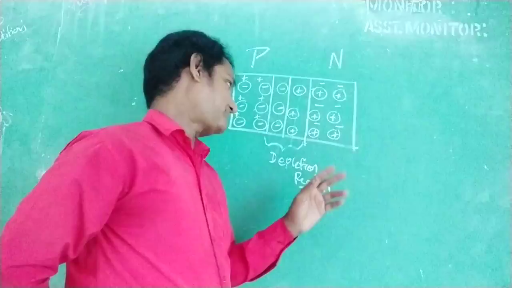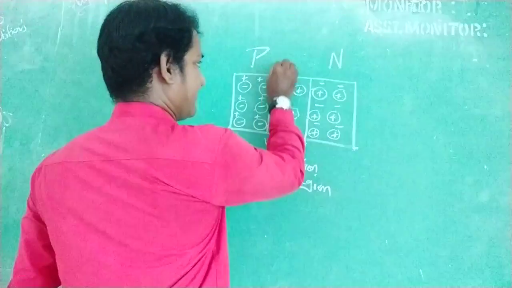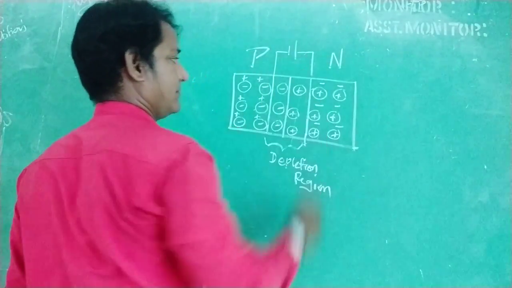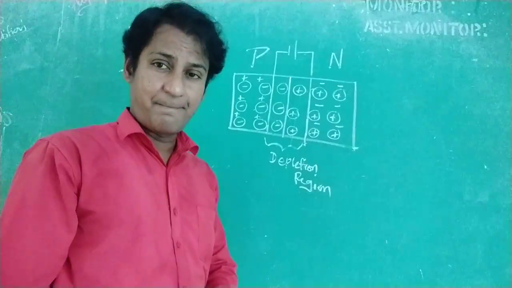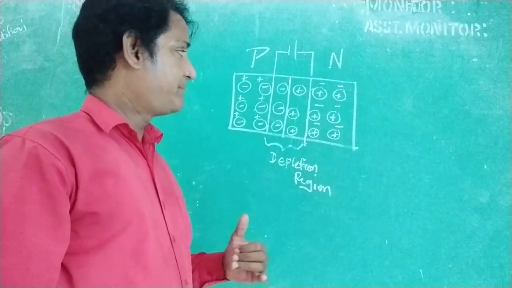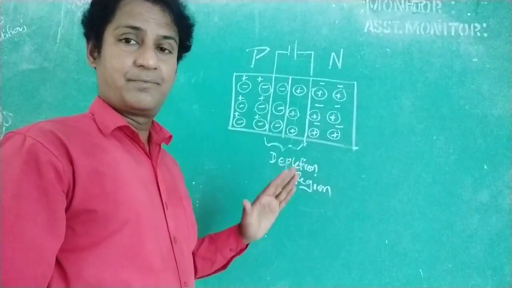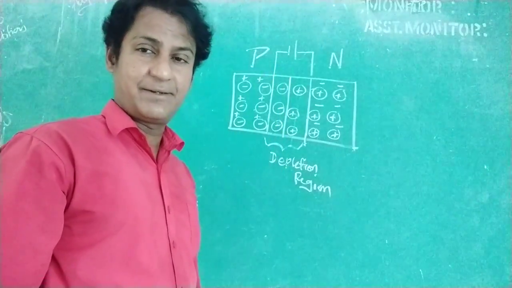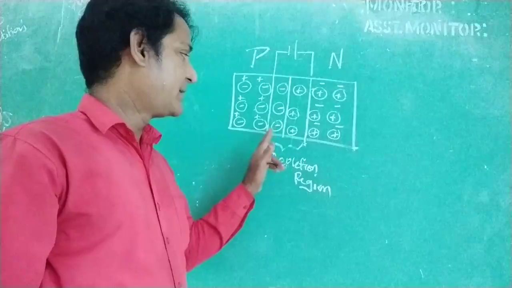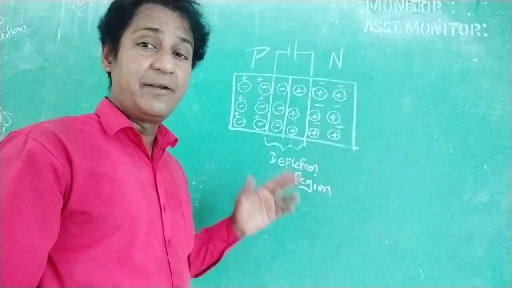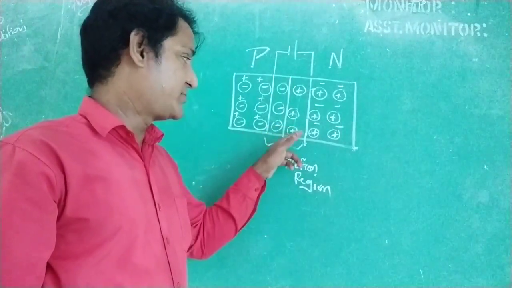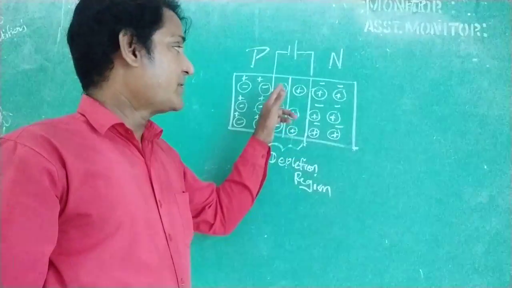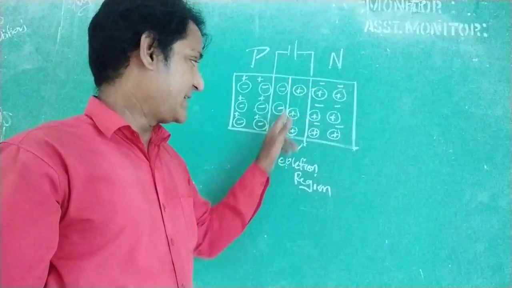Due to this, an electric field is set up in this depletion region. And there is a barrier created, because we find a difference in potential between the right hand side and the left hand side of the region nearer to the junction.